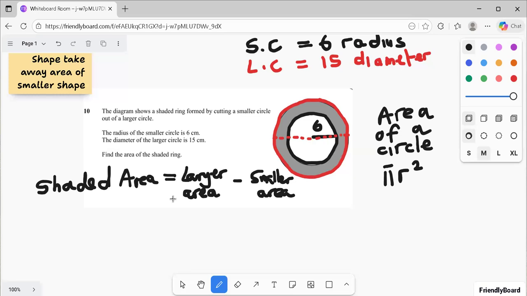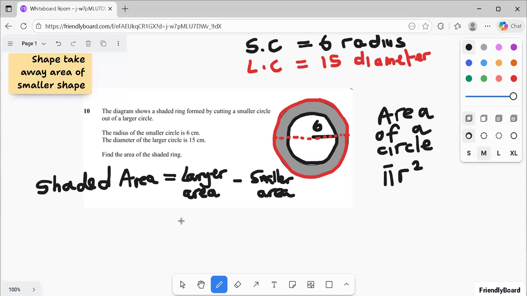So we have two circles, the smaller circle and the larger circle. I'm going to find the area of the larger circle, and then I take away the area of the smaller circle in order to find the shaded area.